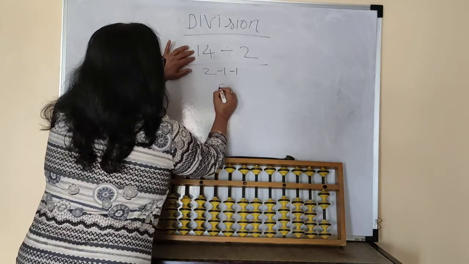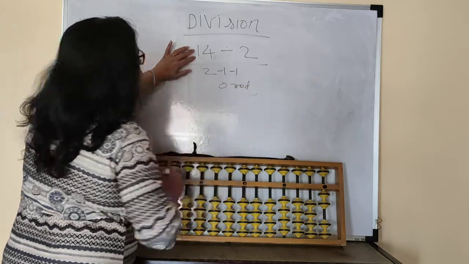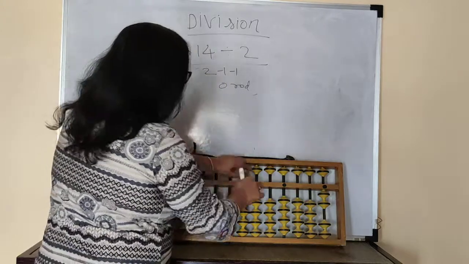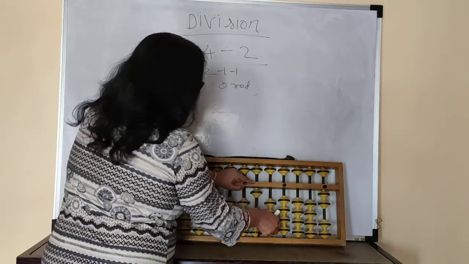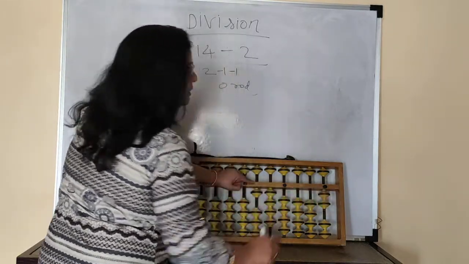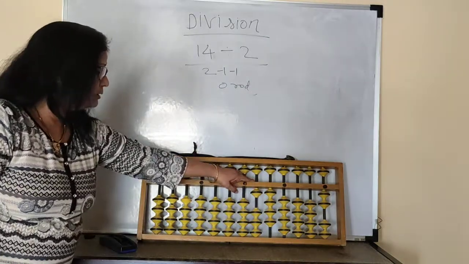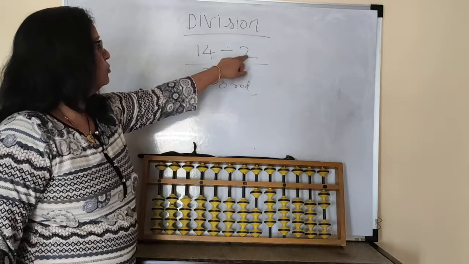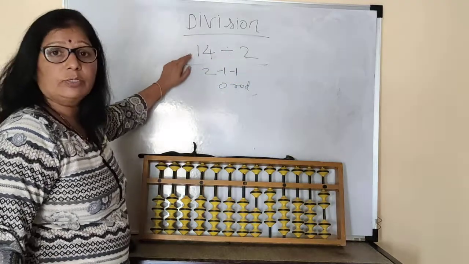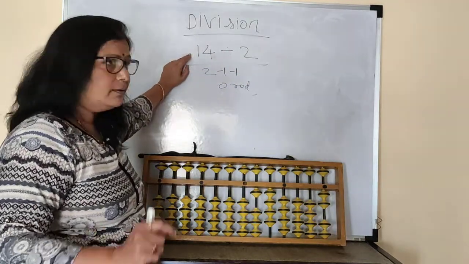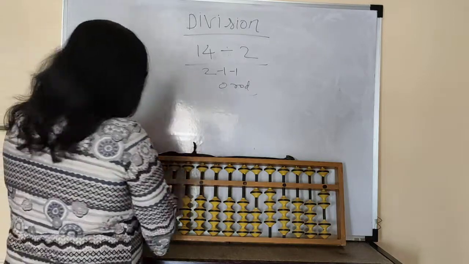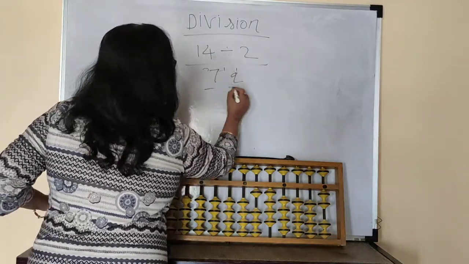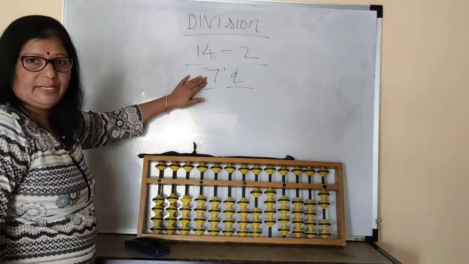It's the 0 rod. 2 minus 1 is 1, 1 minus 1 is 0 rod. The 0 rod has 14 and the divisor is 2. Now 2's table till 14. 2 sevens are 14. Quotient is 7. Then where should I put this 7?